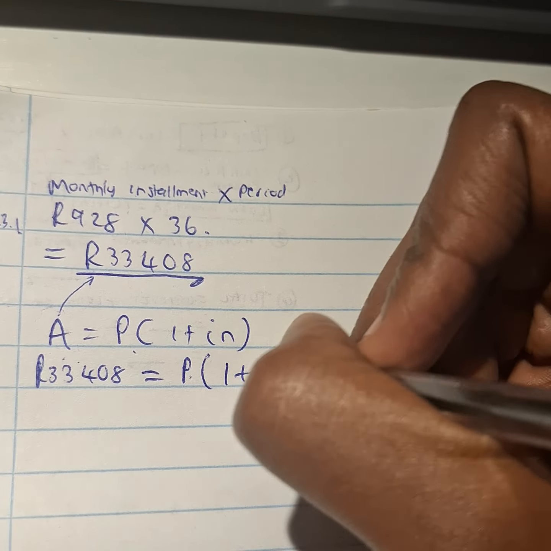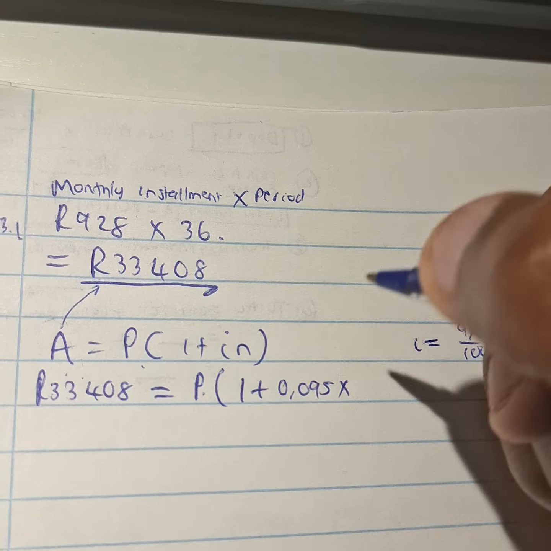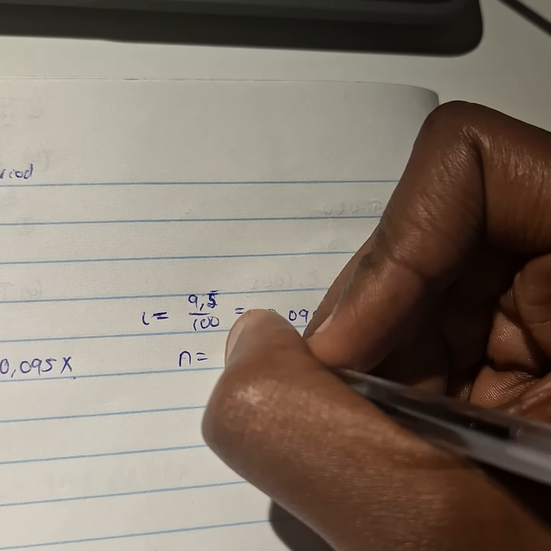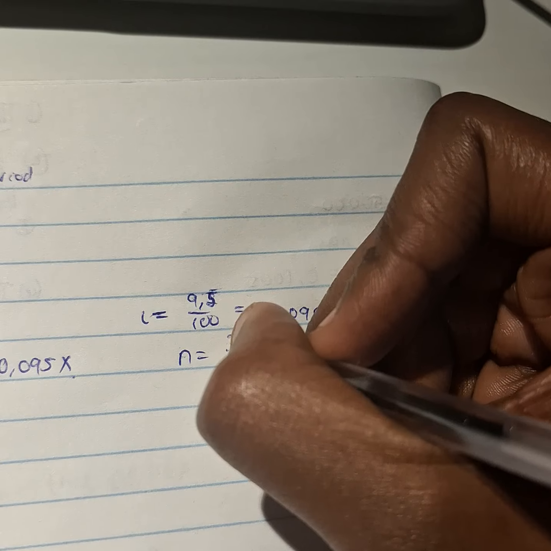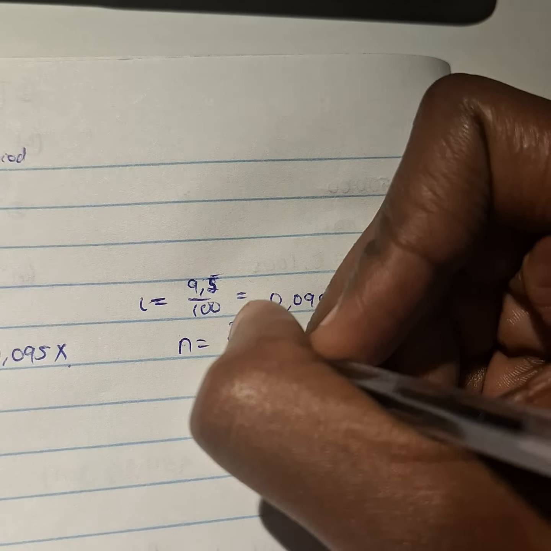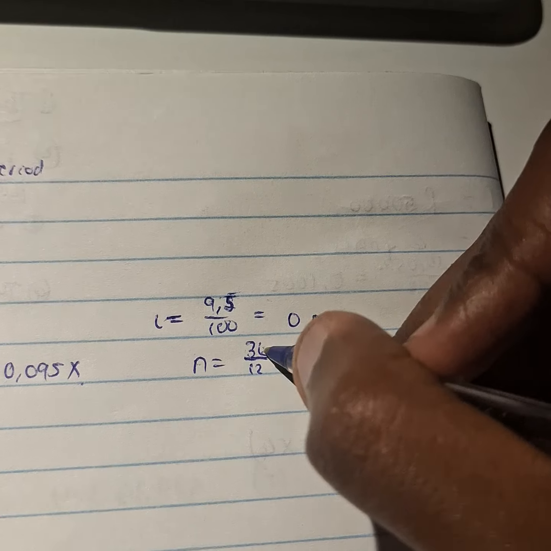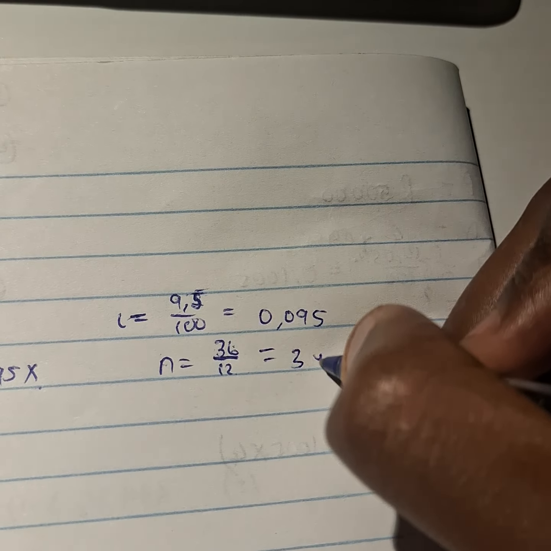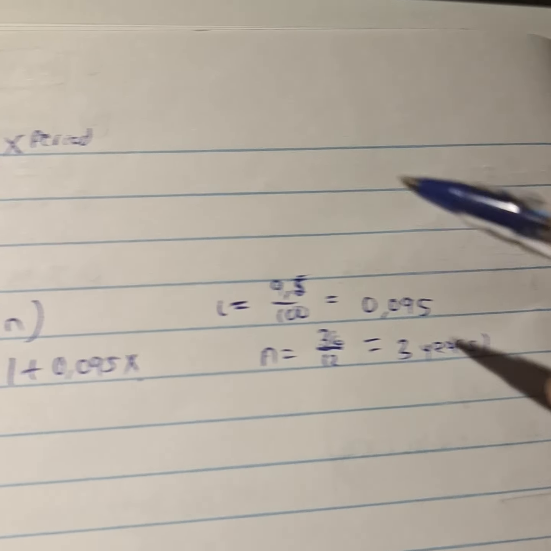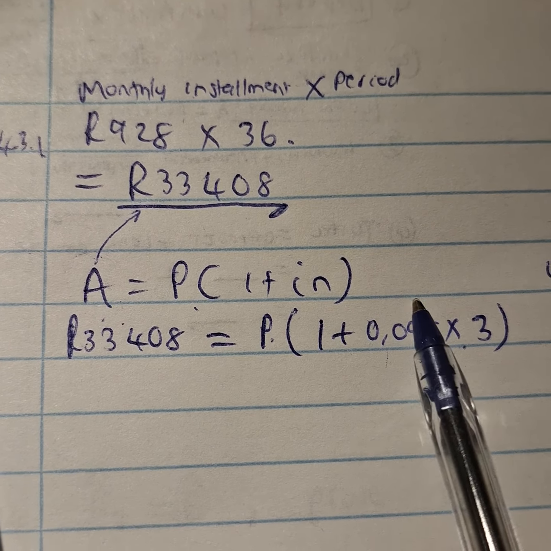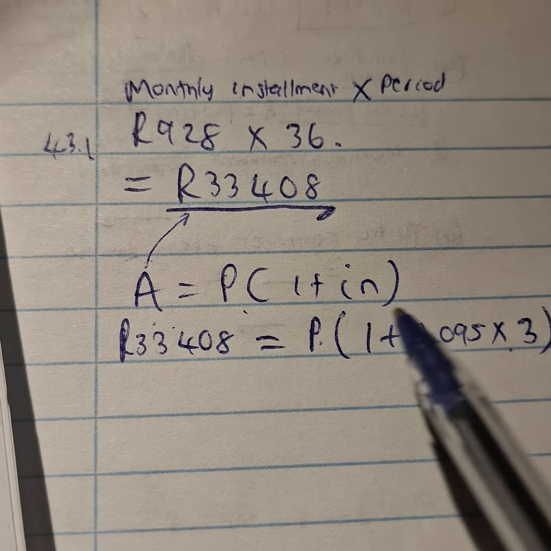So it's going to be 0.095 times n. Now, n here is 36 months, but we divide by the number of months in a year. So 36 divided by 12 gives us 3 years. So now I know it's 3 years in the simple interest formula.